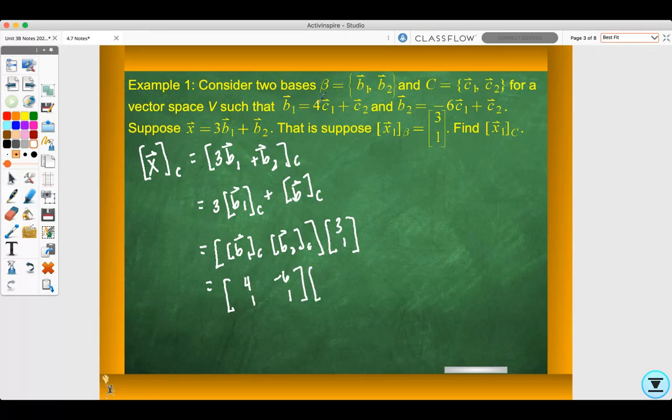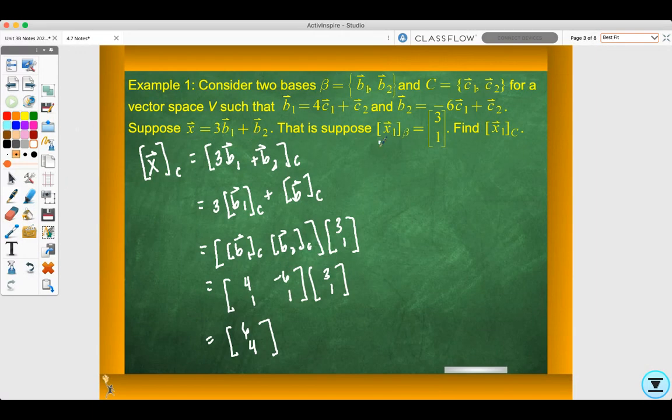Those are the coefficients of our C vectors. And then when I multiply this, I would get 6, 4. So if you look at the previous page, we just considered those two bases, base B and base C, to get this.